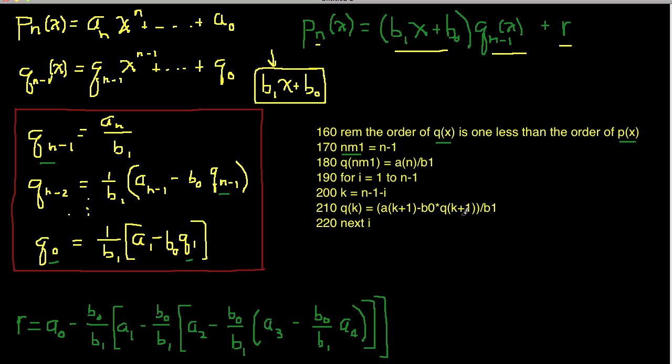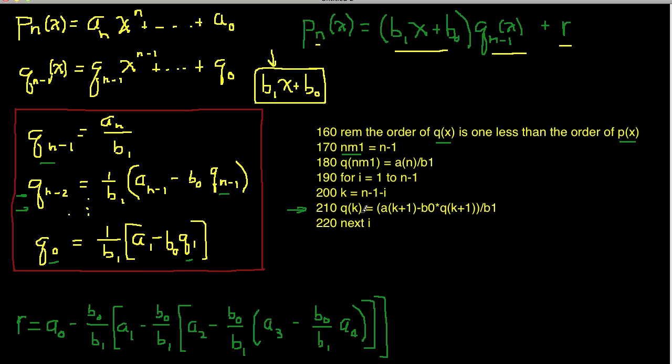Remember, k is equal to n minus 2 when I is equal to 1, so k plus 1 is n minus 1, and then here's the divide by b1. So this statement executes first when I is equal to 1, then when I equals 2 it executes the next one, and so on, all the way down to the last statement when I is equal to n minus 1. When I is equal to n minus 1, k is equal to 0, so q sub k is q sub 0, the 1 over b1 times a sub 1.